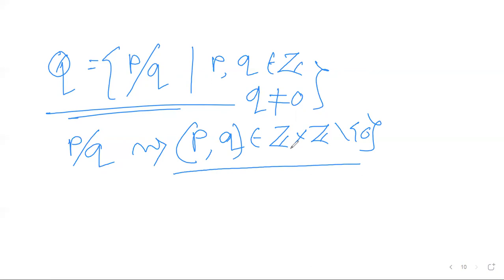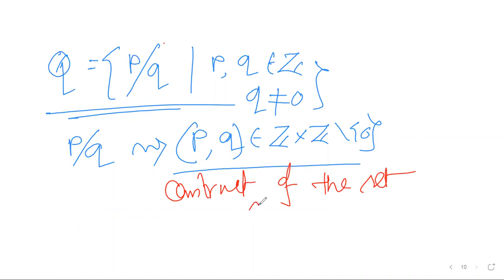I have to define a relation on this set. Now the question is, what are we going to do? I want to do the construction of the set Q. This is my motive.